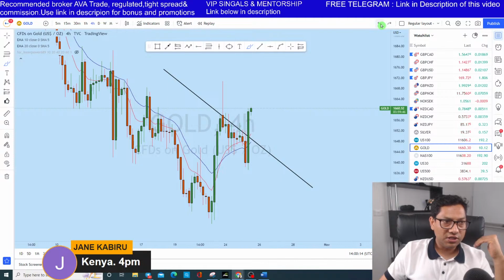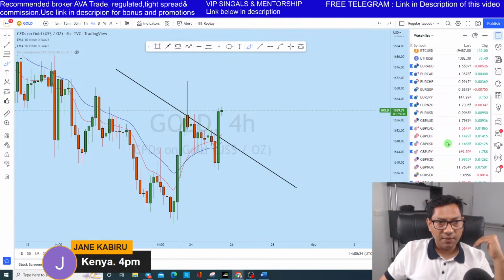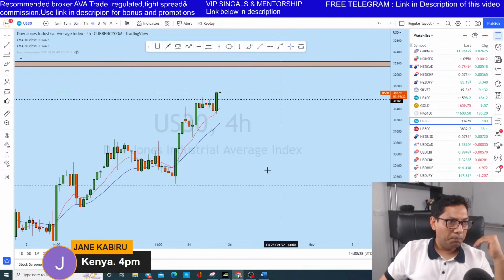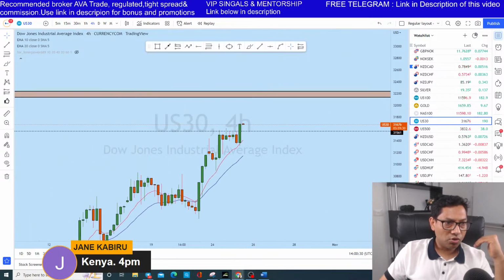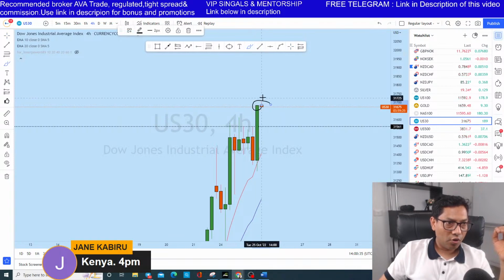When you see a strong bullish engulfer at a level of support, followed by a doji, it's a continuation pattern. The same applies for US30. I need to see a doji, so a bullish engulfer followed by a doji, a continuation pattern at an important level of support.